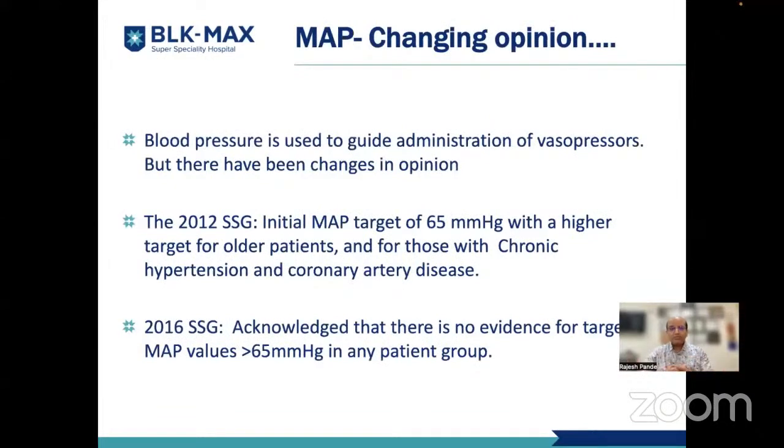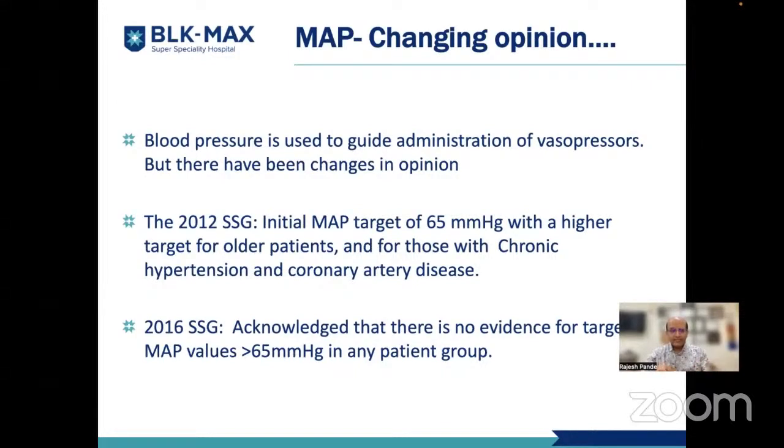Blood pressure most of the time is used as a guide. Mean arterial pressure is used as a guide for targeted vasopressor therapy. But the opinion has changed over a period of time. If you look at the 2012 Surviving Sepsis guidelines, things were very clear: the target MAP of 65 millimeters of mercury, with a higher target for older patients and those with chronic hypertension and coronary artery disease.